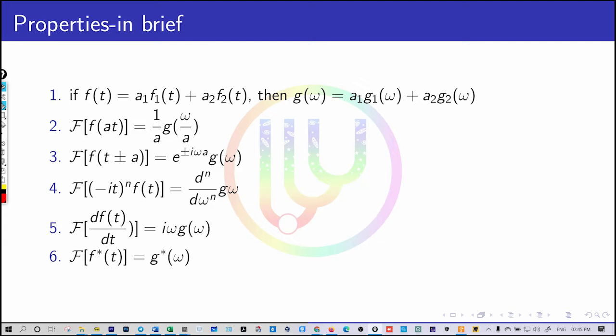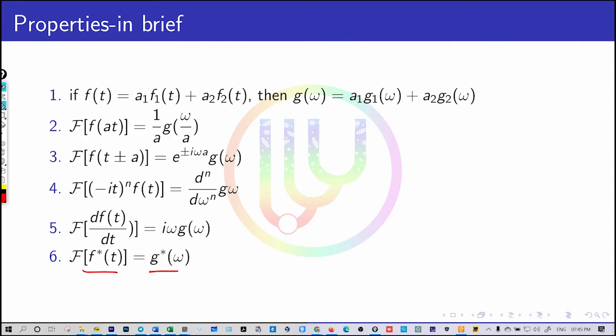And Fourier transform of minus I whole raised to n f of t is equal to d n by d omega n g of omega. And the Fourier transform of derivative of a function with respect to t is equal to I omega g of omega. And Fourier transform of a complex conjugate of a function is just complex conjugate of the Fourier transform of the function.